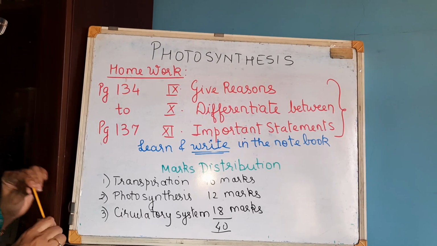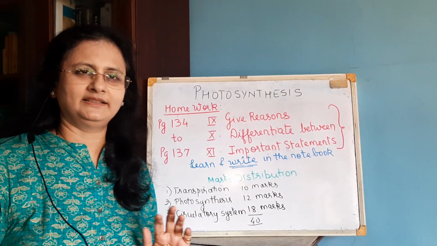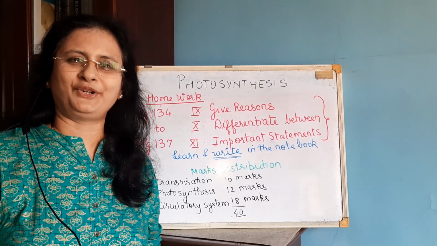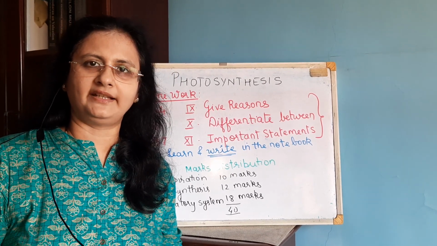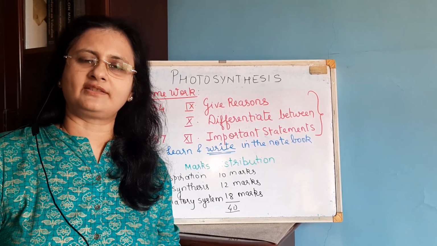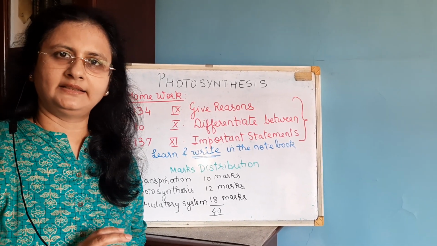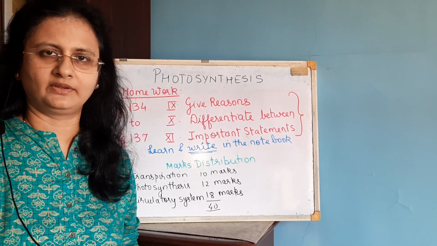Okay, is it clear? So now with that we complete the portion also for the first bio test and also the chapter of photosynthesis. Okay, so go through whatever board questions are there thoroughly. Most of the questions will be from the 5-star questions, the board questions, and the slides, whatever questions I have made you write. Okay, is it clear?